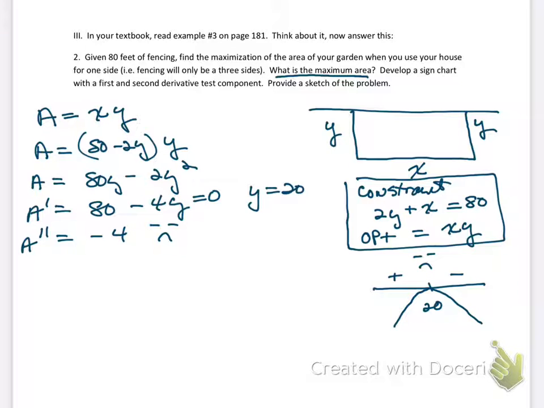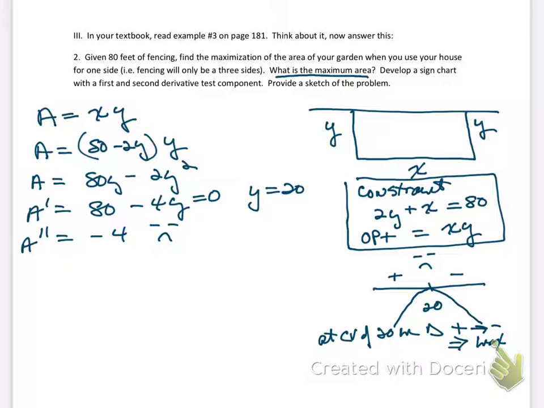Okay, so I should write a statement. So to write a statement, I'm going to say at CV of 20, the slope changes positive to negative, which means I have a max.